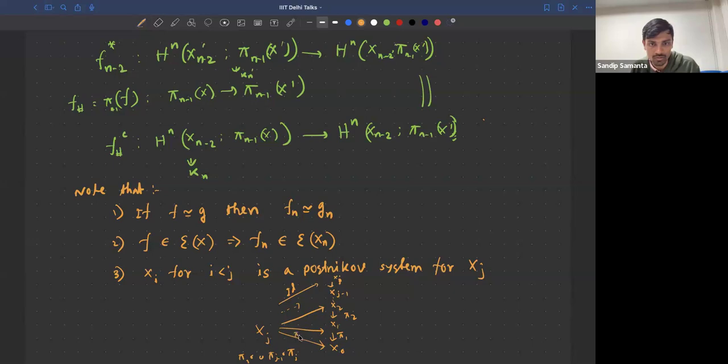So it's pi_2 composed all the way up to pi_j. So it's just the standard composition of the vertical maps to get the usual map from X_j to X_i, and we have this commutative diagram on the nodes.